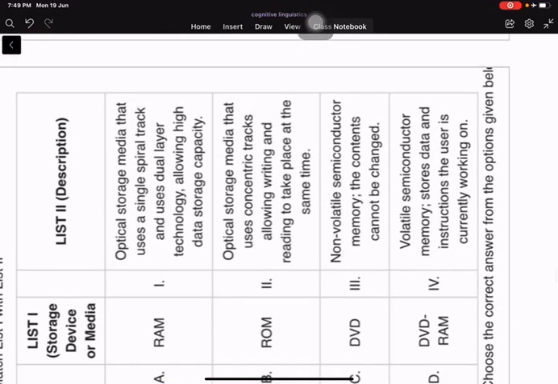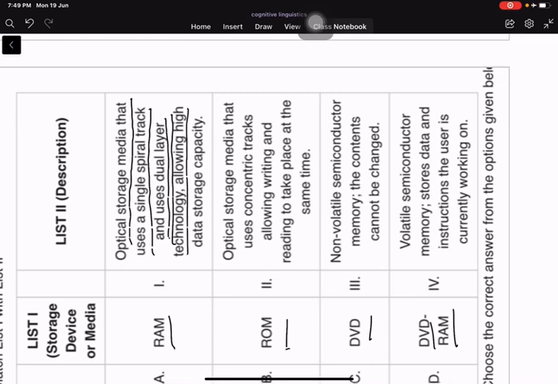Now let's look at this. RAM, ROM, DVD, DVD RAM. Optical storage media that uses a single spiral track and uses dual layer technology, allowing high data storage capacity.